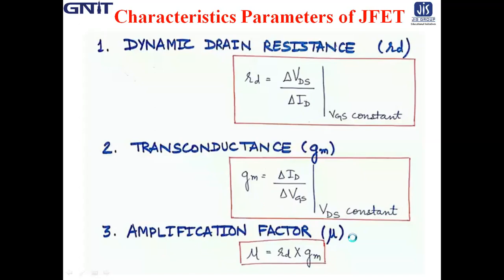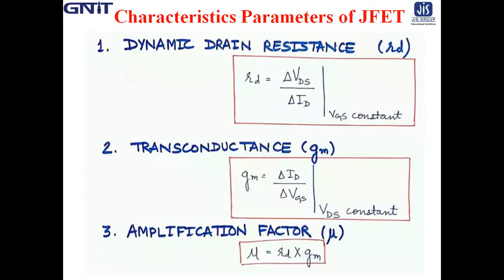Next is the amplification factor, denoted as mu. It is the ratio of small change in the drain voltage to the corresponding change in the gate voltage at a constant drain current. Mathematically, mu is equal to RD into GM, which is basically minus delta VDS by delta VGS when ID is constant.